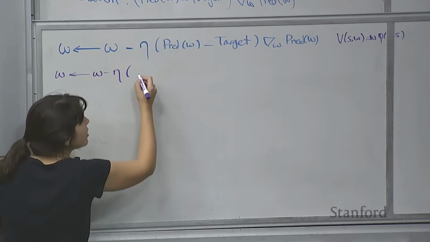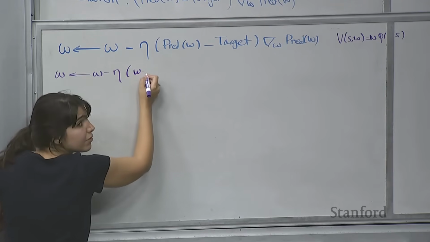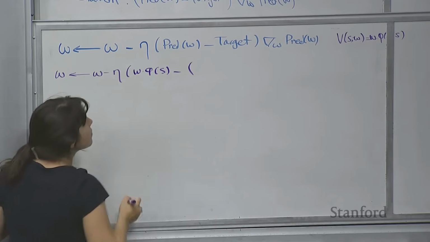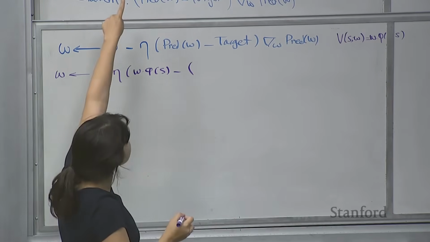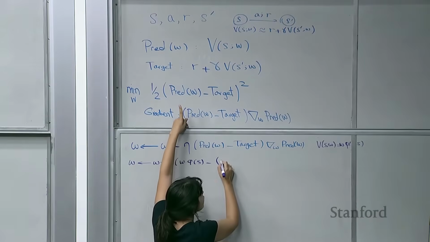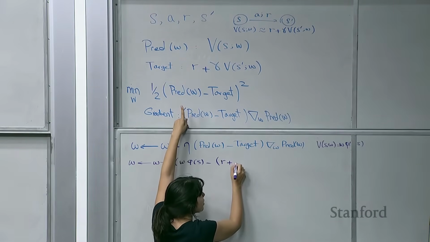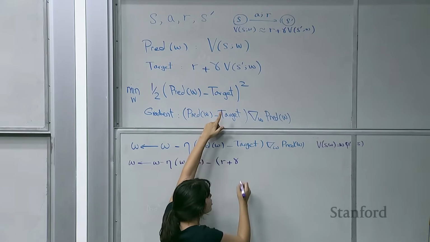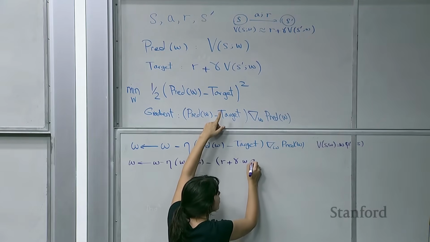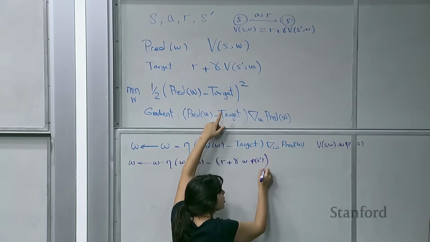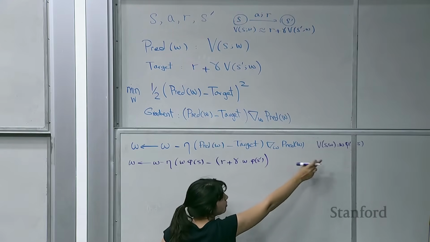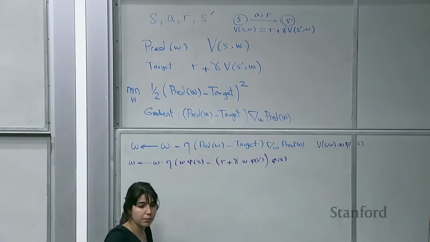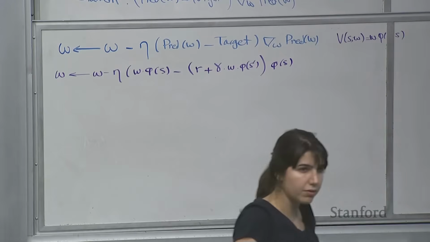W dot phi of S. What is target? Did you find it up there? It's the immediate reward you're getting, plus gamma times V of S prime W, which is W dot phi of S prime, times the gradient of your prediction, which is phi of S. Okay, so I just wrote this up in the case of a linear predictor.